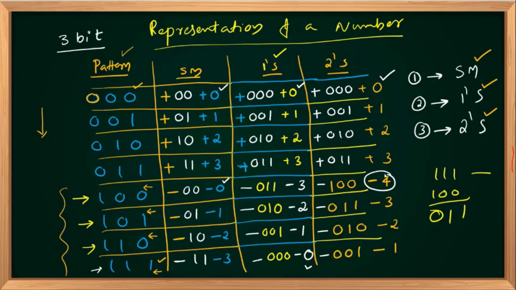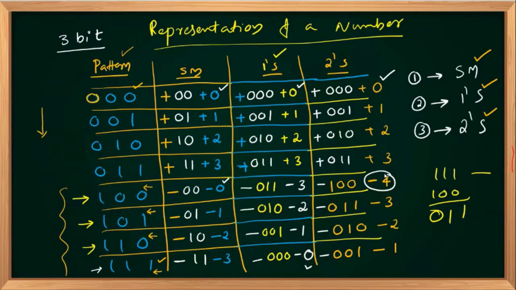So the number 0 is represented as triple 0 in all three cases, right? 1 is represented as 001 in all cases. So no issues with positive numbers, right? Same values.